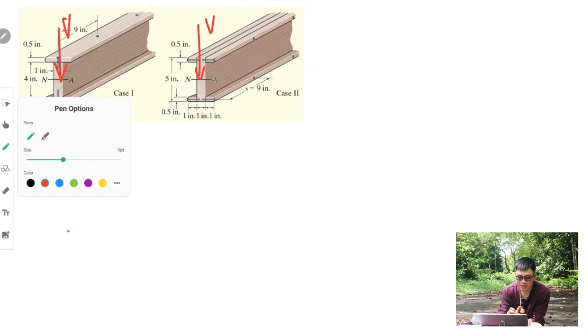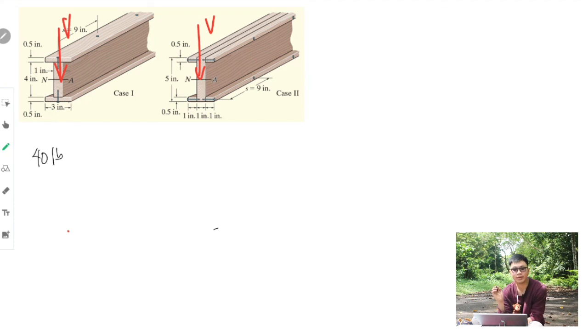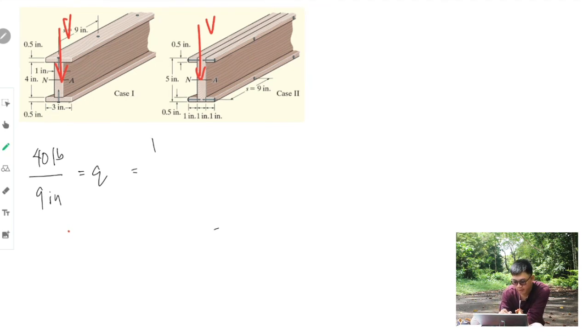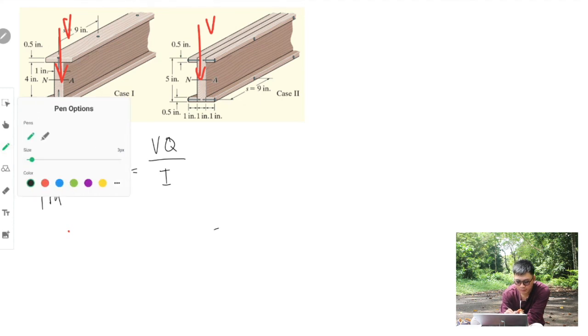So we are already given a hint: our nail can support 40 pounds of load, and they are spaced 9 inches. So therefore, that is your Q. And now we have to look for your V. But first, let's look for your Y bar.